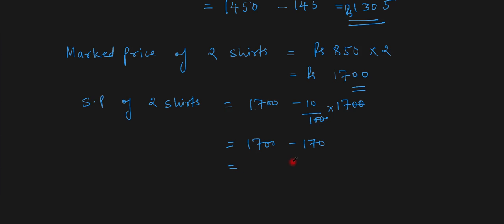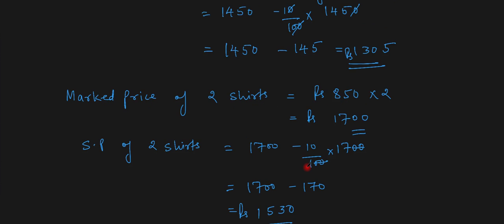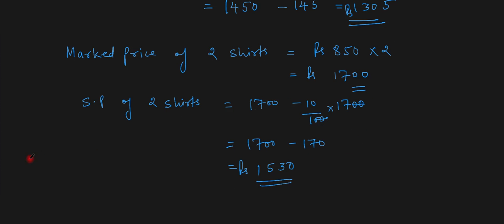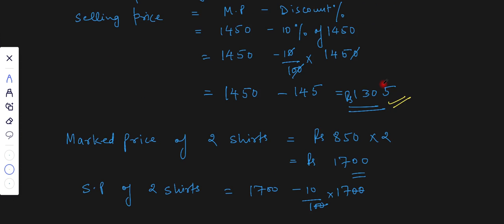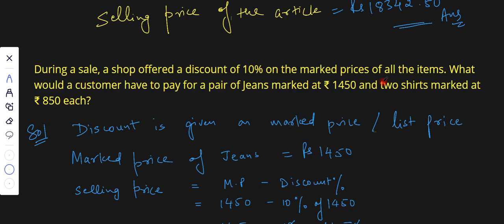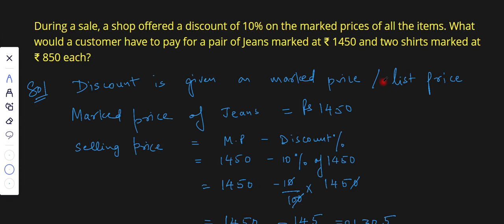So this comes out to be 1530. This is the SP after a discount of 10% of two shirts. This is the cost of two shirts after discount, and this is the cost of a pair of jeans after discount, 1305.